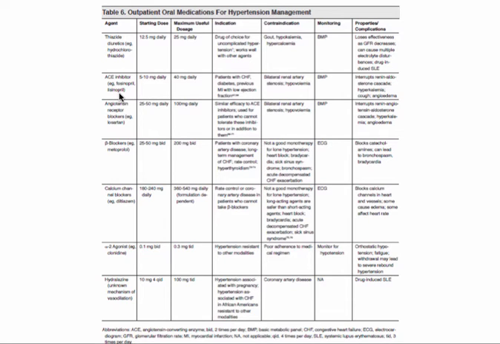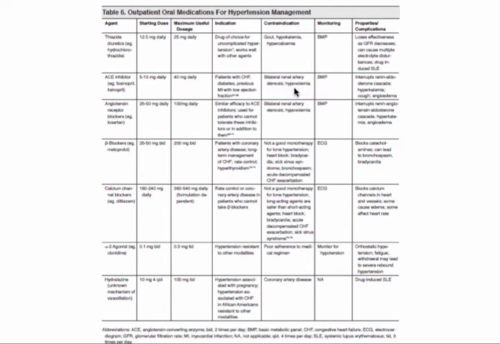ACE inhibitors, you'll see time and time again, a lot of patients are on these. They're really good drugs. They're great for hypertension. They're great for CHF. And they're also good for patients that have diabetes and nephropathy because it does help protect the kidneys. Contraindications to an ACE inhibitor: bilateral renal artery stenosis.